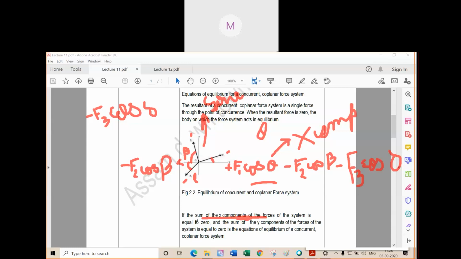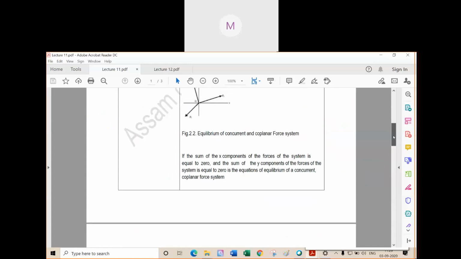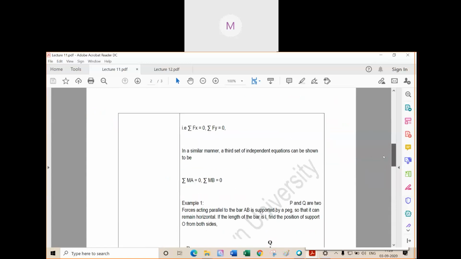If the sum of the x components of the forces is equal to 0 and the sum of the y components of the forces of the system is equal to 0, then the system is in equilibrium. Got it? Clear, everyone? So this is how we define the equilibrium condition. Okay. Now, this is that explanation.